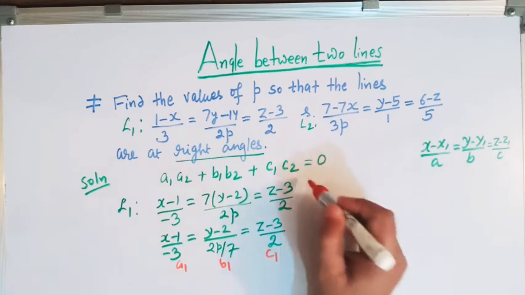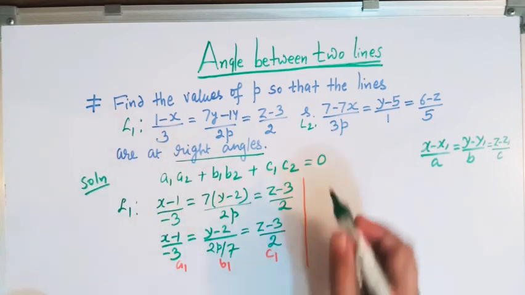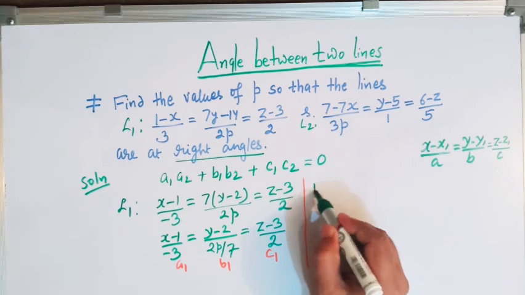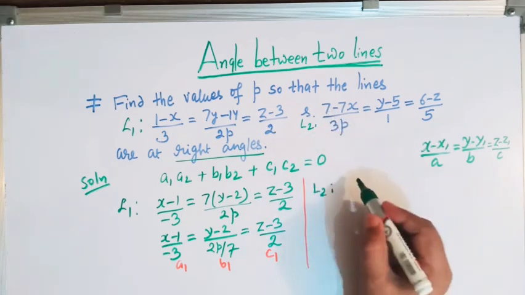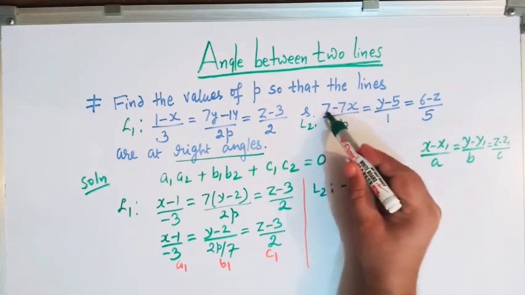Now let us similarly convert this line L2 into this form. So here let us take minus 7 common out of these two terms.